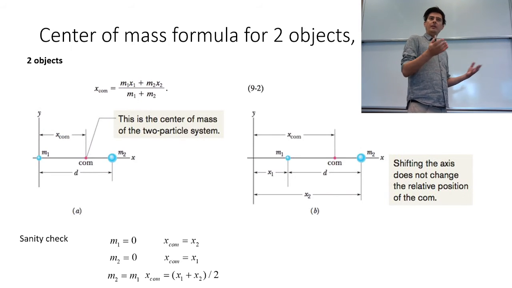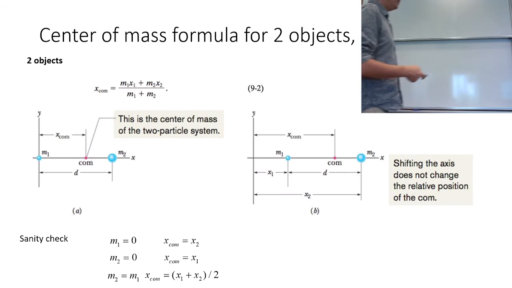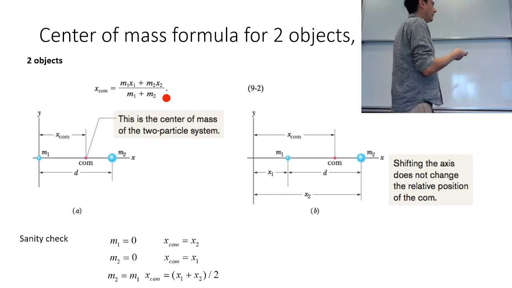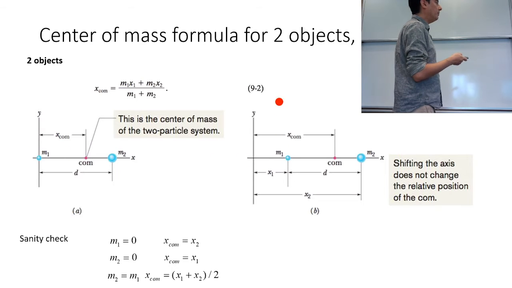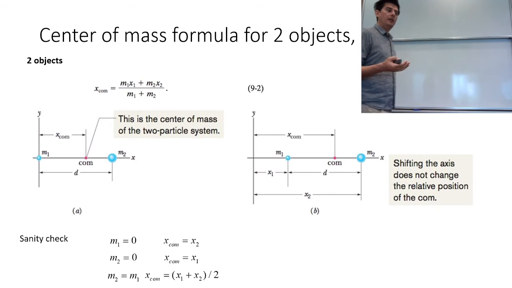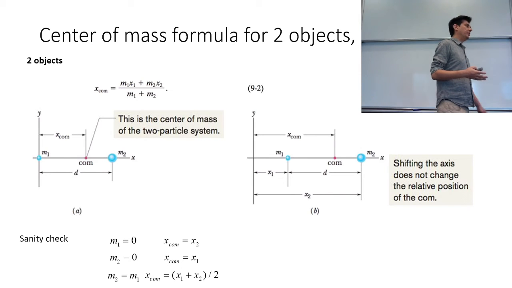And you think, how on earth could this work? Well, it actually still does work in the end, because this whole thing is only dependent upon the distance between the two objects. So even if you had a different convention for your axes, you'd still get the same center of mass here. This is the center of mass according to here. So shifting the axis doesn't really matter in terms of calculating the center of mass.